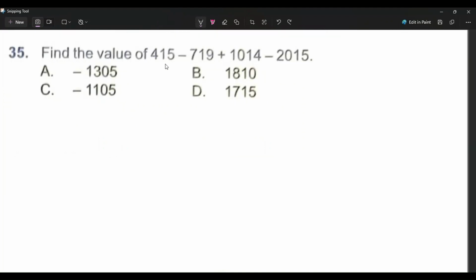35th question, find the value of 415 minus 719 plus 1014 minus 2015. First, let's write what to be added, then minus of, minus is common over here, so 719 plus 2015.